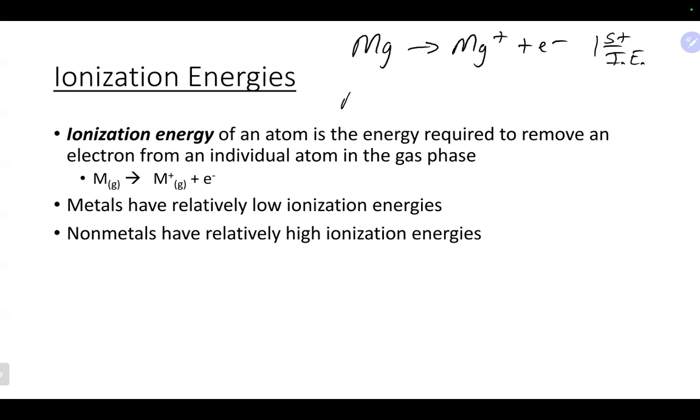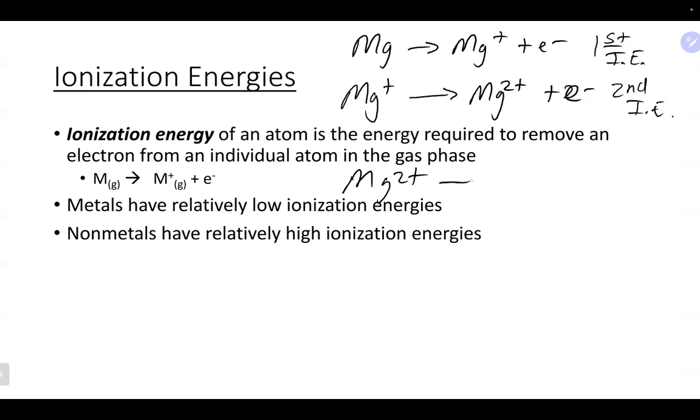The next thing that would happen is magnesium would then lose a second electron, and that would be the second ionization energy. And let's just say maybe magnesium wanted to try to lose a third electron. That would be the third ionization energy.